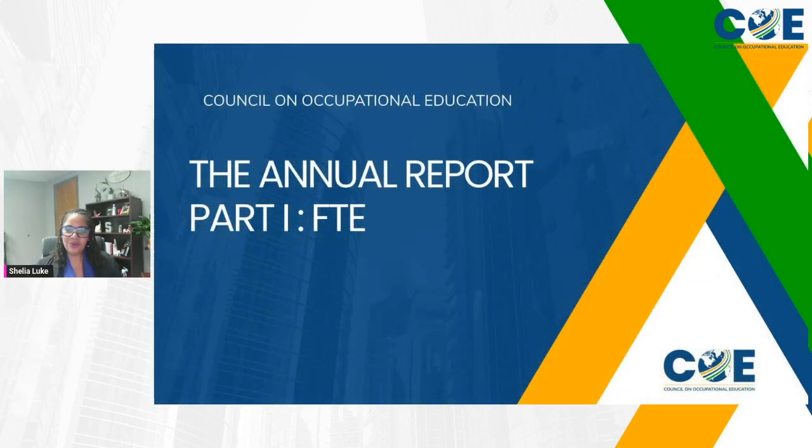Now, as you all know, the annual report is a very important document that you must submit each year, and continued accreditation is determined on an annual basis. Now, if you're a candidate institution, continuation of your candidate status is dependent upon demonstrating that you're making progress toward the standards and criteria with the submission of your annual report.